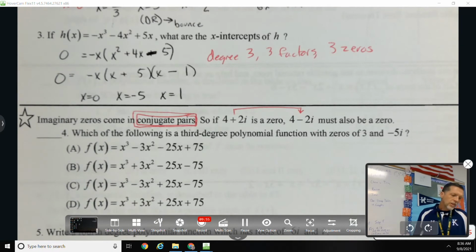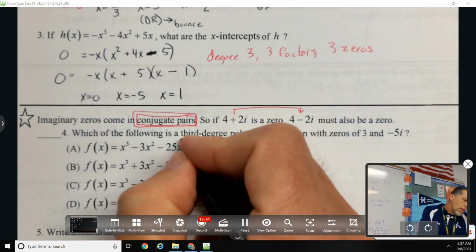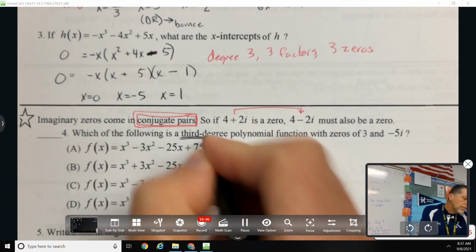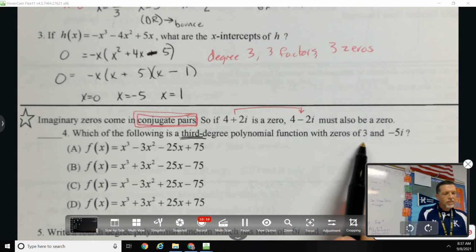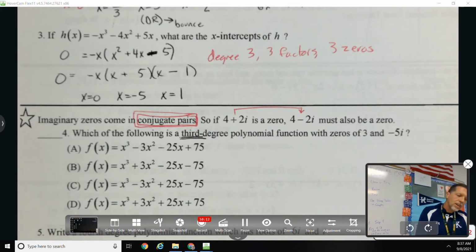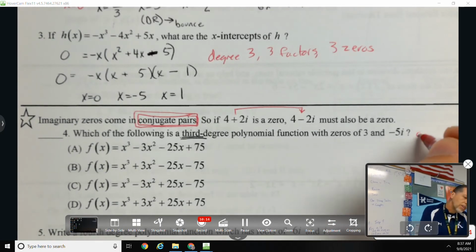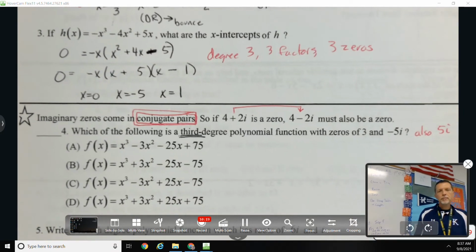Which of the following is a third degree polynomial with zeros of 3 and minus 5i. Well, third degree means I'm supposed to have 3 answers. It only gave me 2 answers, 3 and negative 5i. So what's the other answer? Plus 5i.